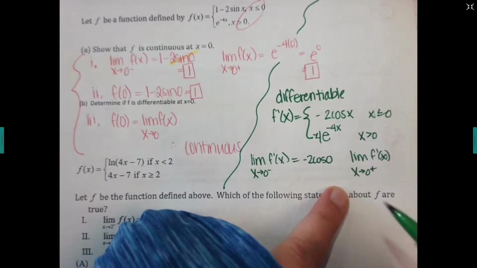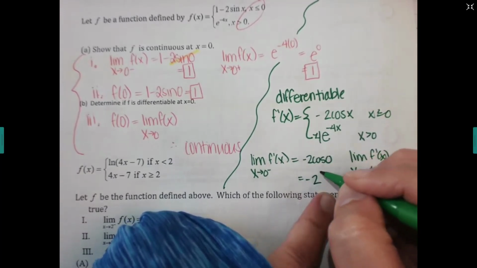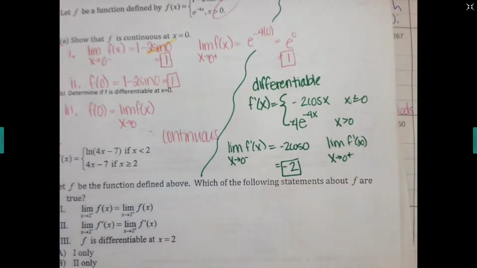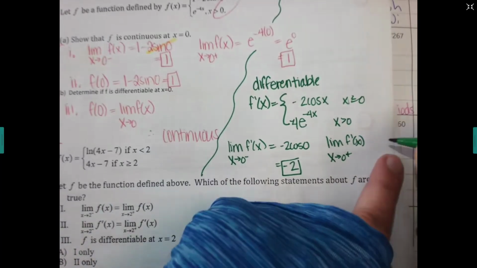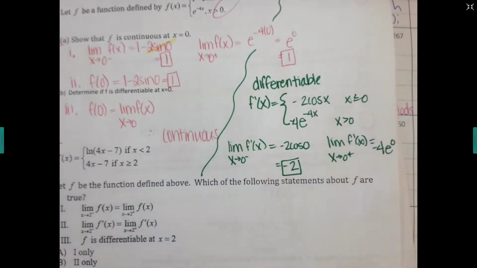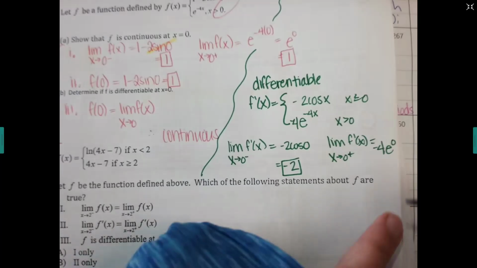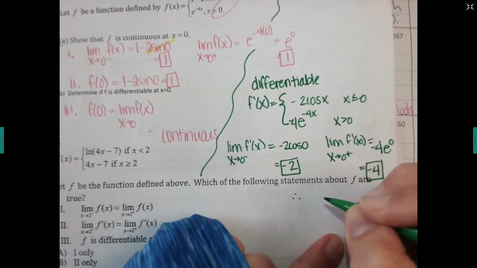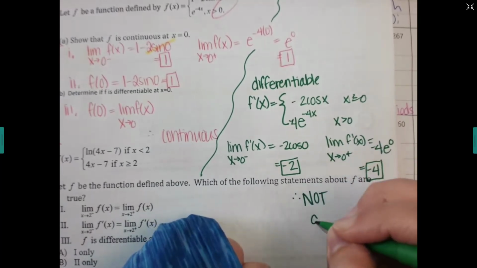Cosine's 1, so 1 times negative 2 is a negative 2. For the bottom chunk, I'd plug in my 0. I'd have negative 4 times e to the 0. e to the 0 is also 1, but if I multiply it with a minus 4, do my pieces match? So I would say it is not differentiable.